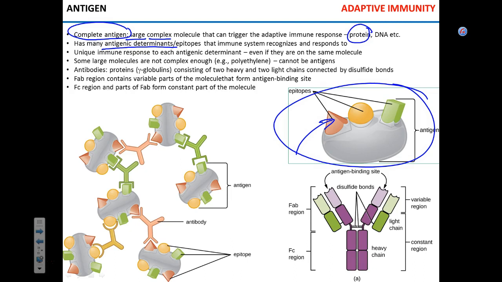Your immune system does not recognize the entire protein. Same way, if you think about it for a second, you do not recognize an entire person. When you know someone, usually you know them by, I don't know, hairdo or face, make sense? Or the way the person walks. Some very specific characteristics.